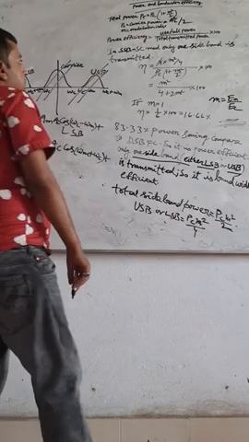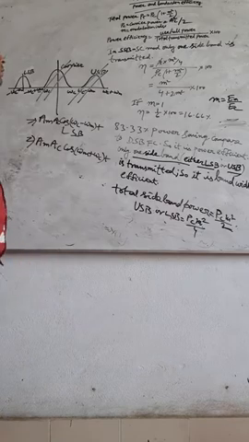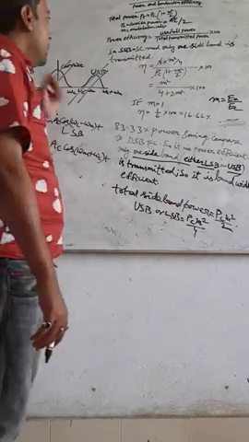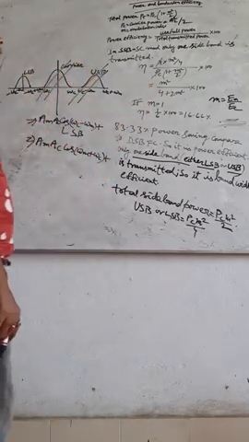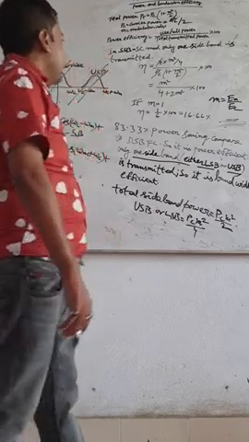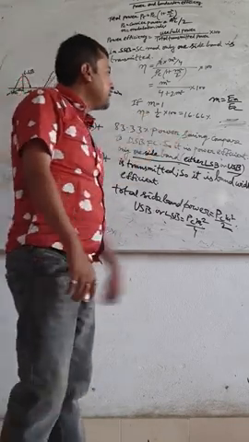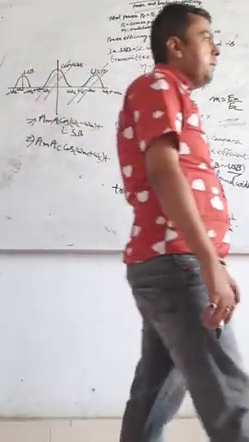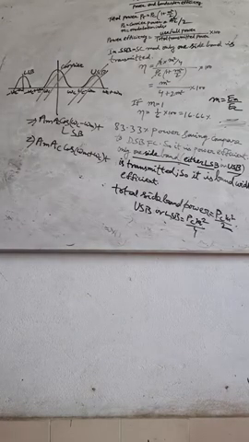So transmission efficiency eta is PC into m square by 4 divided by PC into 1 plus m square by 2. PC and PC will cancel out. It is m square divided by 4 plus 2m square, into 100. Put m equal to 1. Your result will be 16.66%. That means we have used only 16.66% of the total transmitted power.